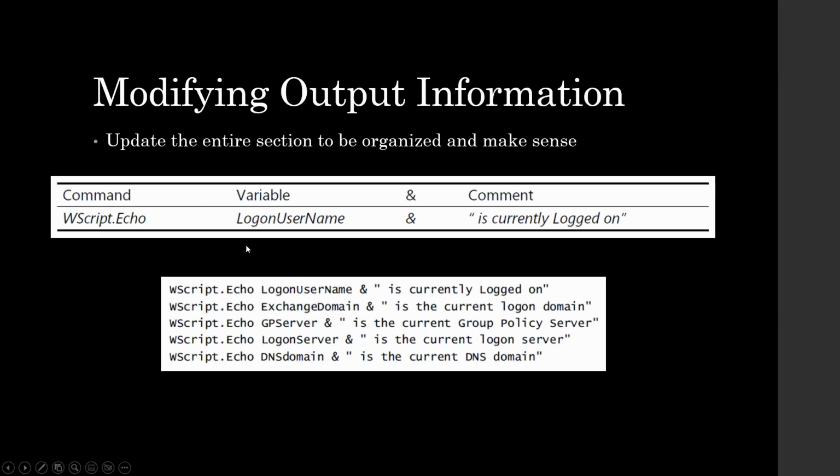Then we're going to put the variable name and the ampersand, and then the actual text of the comment within double quotes. So for example, wscript.echo, here is my variable name, and I'm going to concatenate to it the text of space is currently logged on. Do the same for the other 4. That's pretty much what you have to do for CBC 6 Part A.